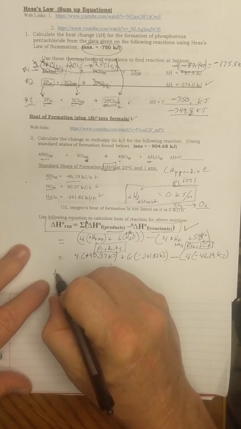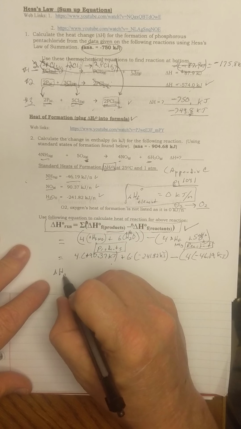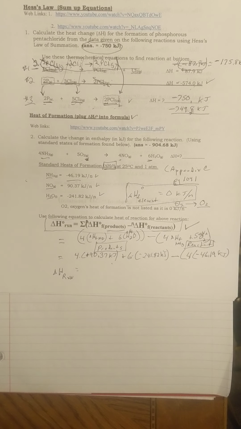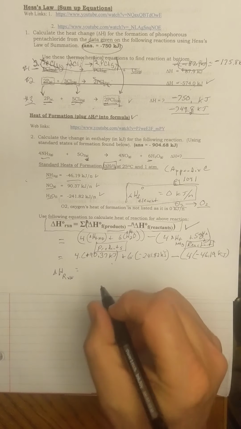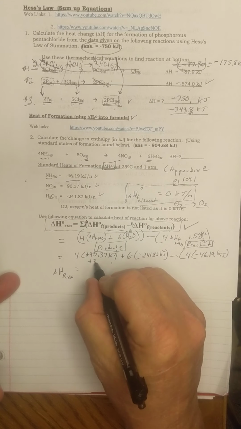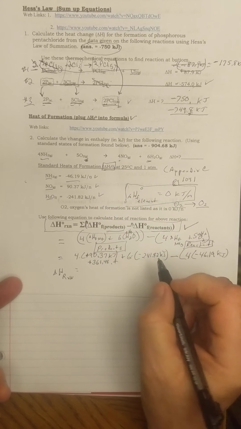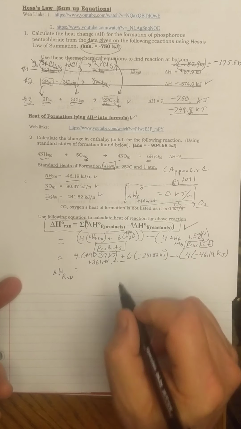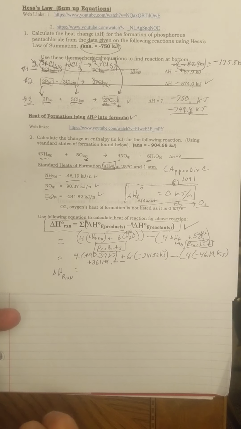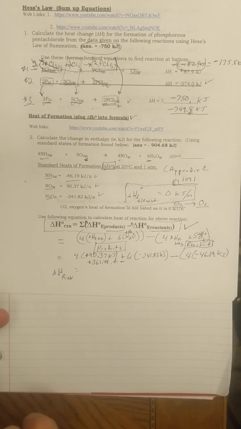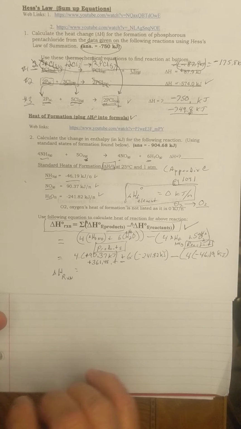So this is just a very simple reaction. Now, if you want to summarize it, 4 times 90.37, this number is positive 361.48. Then I'm going to add that up, and this number is going to be negative 6 times 241.82.